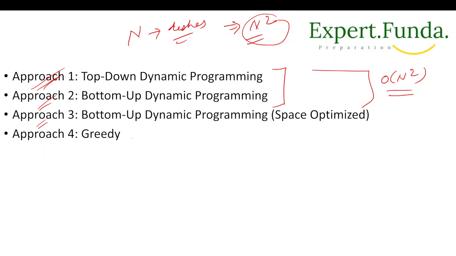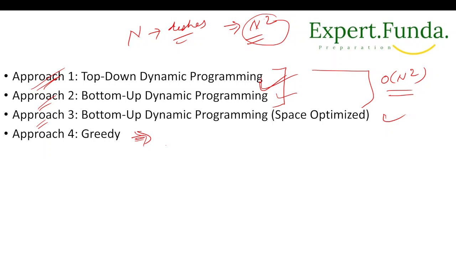We'll understand one of these. Let's suppose I start with the top down approach. You can follow up on the other approaches, and if you want, I can put that video there. So I'll start with the top down approach, and then I'll go with the greedy approach.